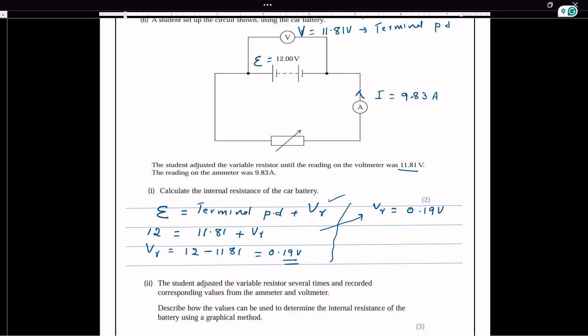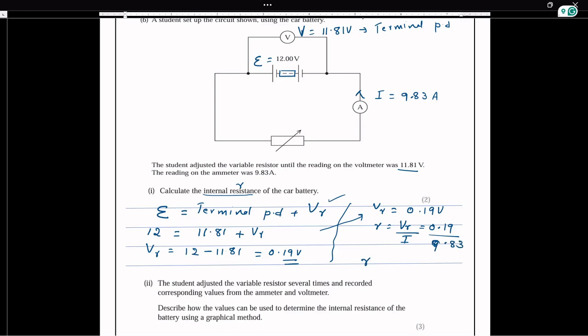Now, what they want is the internal resistance R. R is equal to voltage drop over the current flowing. We know the same current is flowing through the internal resistance, so this is 0.19 over 89.83.